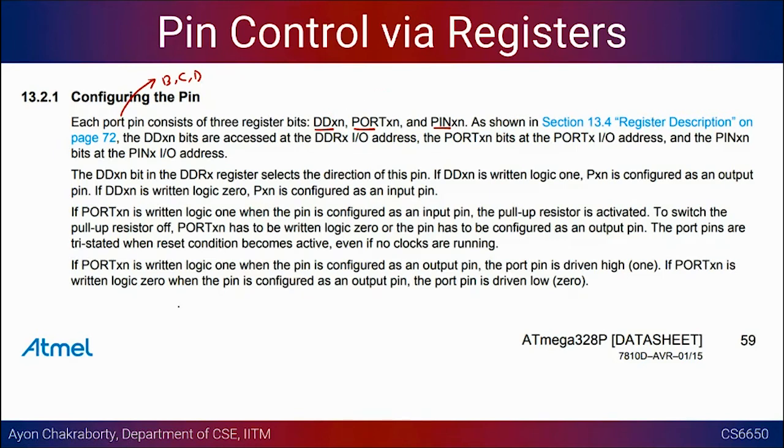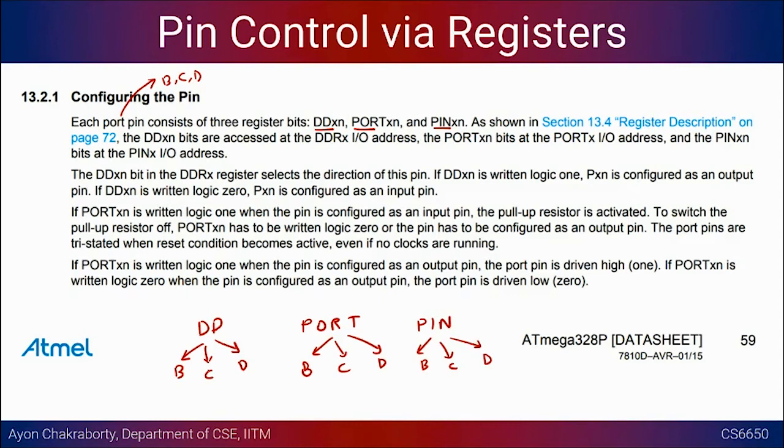Every bit corresponds to a certain pin in that particular port. We will explain the meaning of the DDR register shortly. There is a port register and a pin register, and this happens for all ports B, C and D. So you basically have three DDR registers, three port registers, and three pin registers, and each register will have 8 bits.